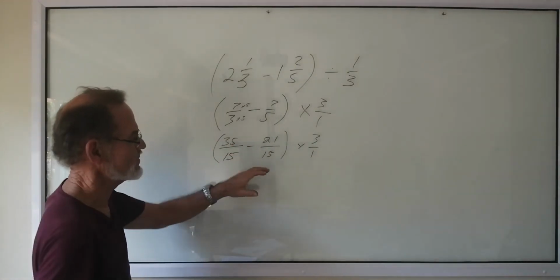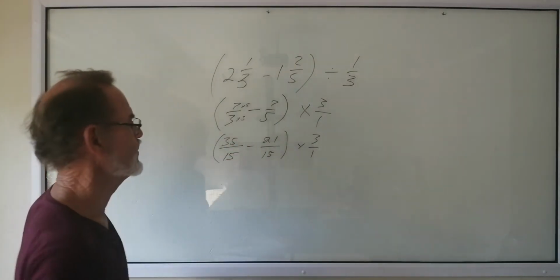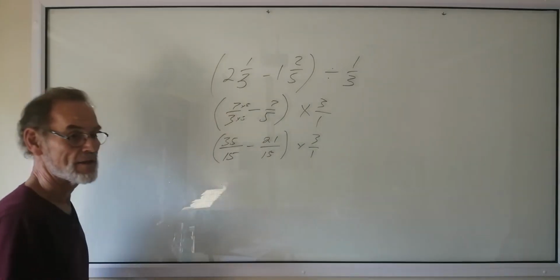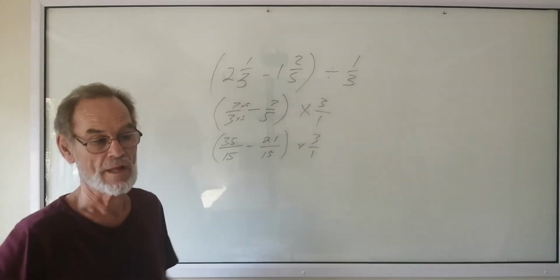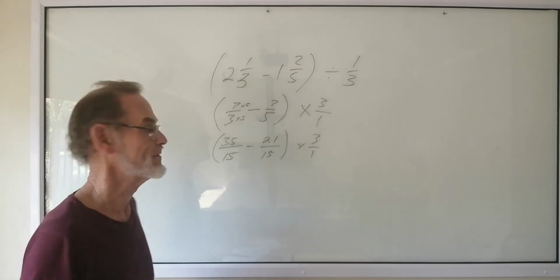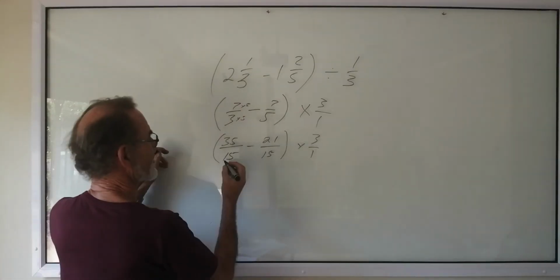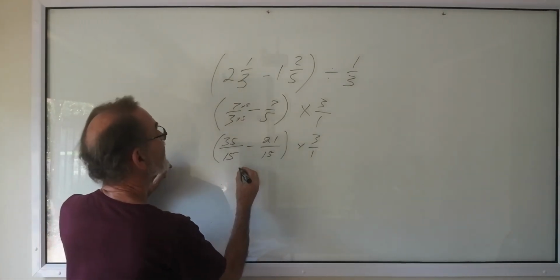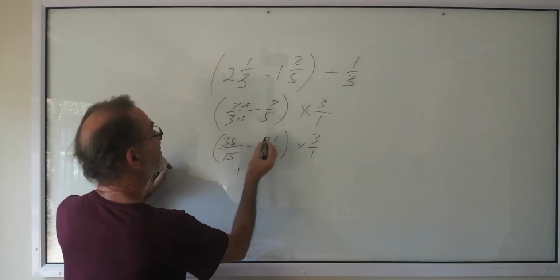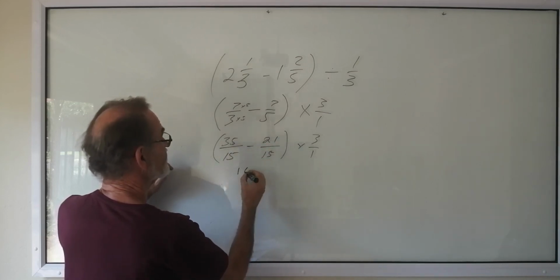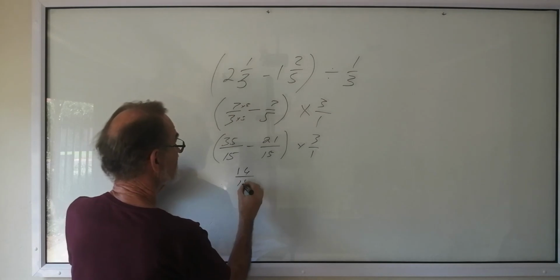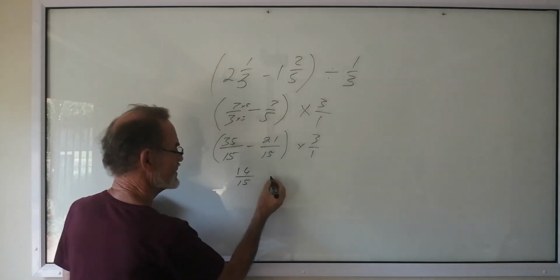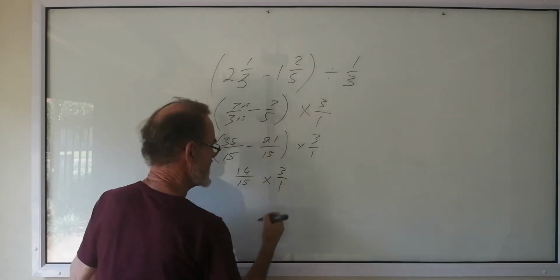Now we can subtract. This 15 is not going to change anymore. There's no difference between a subtraction and an addition; it's just the sign. So 35 minus 21 is 14 over 15. Now we can leave our brackets out, multiplied by 3 over 1.